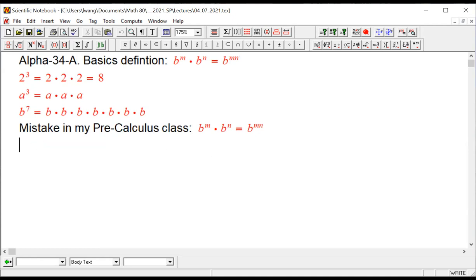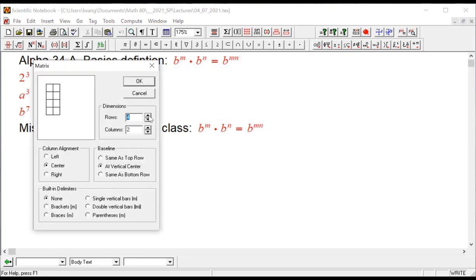All right. So look at alpha 34A, the second row. I'm going to make a similar table, and hopefully this will help.